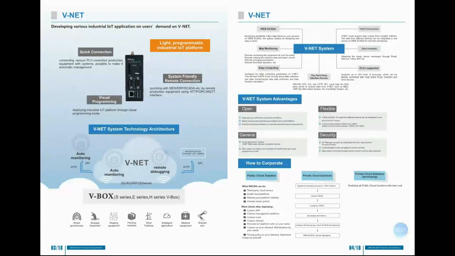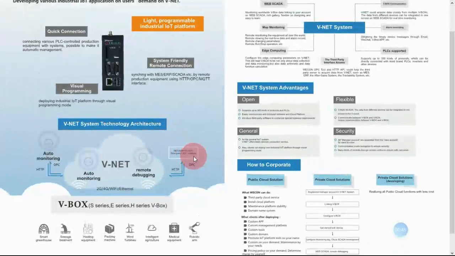It has quick connection, system-friendliness, visual programming, and, let's go down here, VNet supports automatic monitoring, remote debugging, and supports HTTP and OPC to connect to MES, ERP, SCADA systems or other third-party IoT platforms.